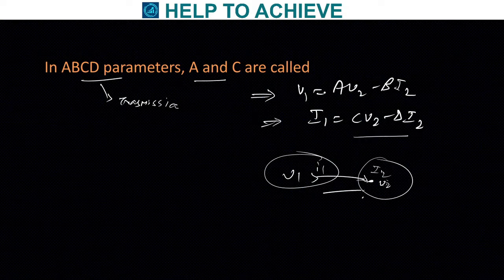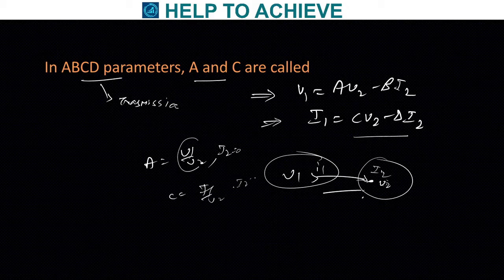So A and C are called. From this definition, A is nothing but V1 by V2 when I2 is equal to 0, and C is nothing but I1 by V2 when I2 is equal to 0.